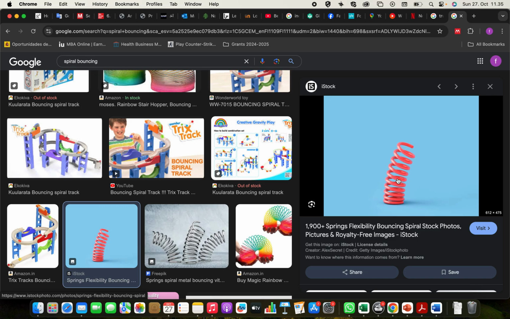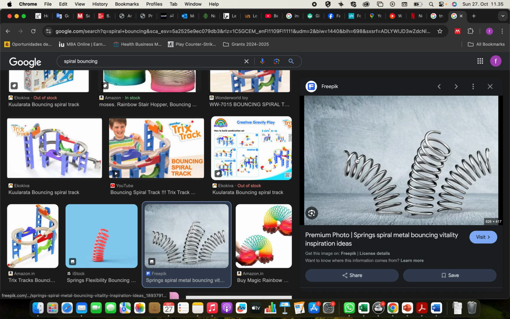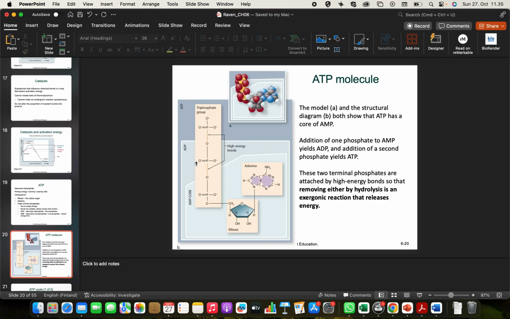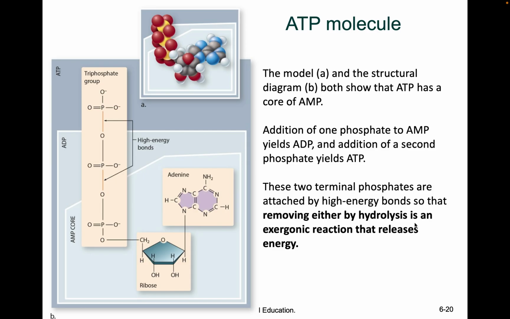It keeps going back, it comes together, and then it goes back and forth. These are literally spring metals that are just bouncing back and forth. That's basically this thing here. So this is why it's so unstable. It's always in motion because you have the O negatives that are always repelling each other, but then you have these energy bonds that are trying to keep this in place. So they're bouncing back and forth. So ATP technically is very unstable.